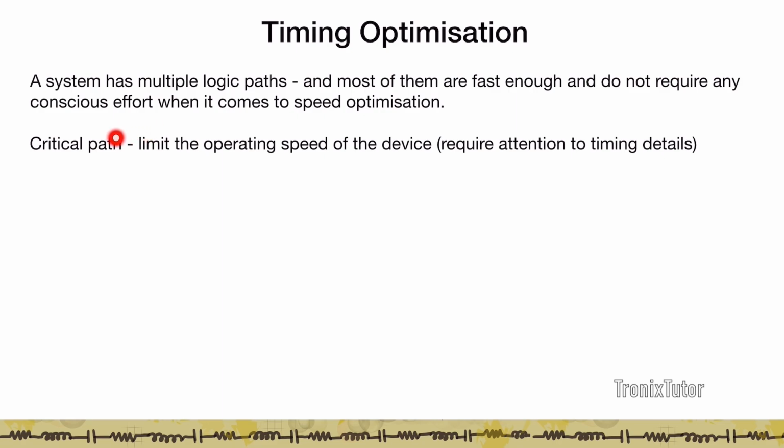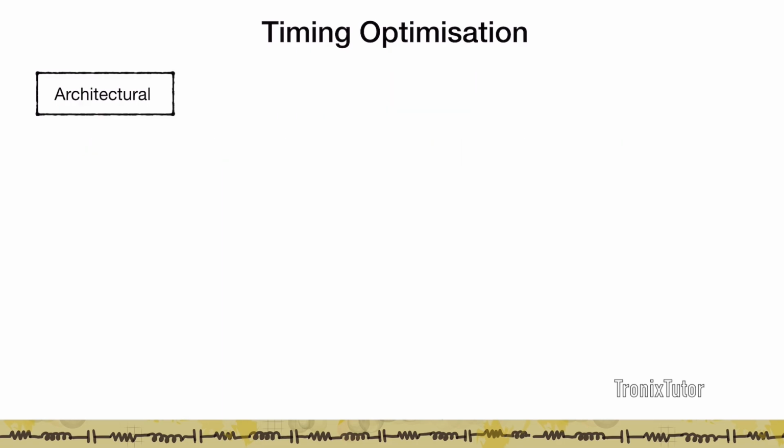These are the paths which have the longest delay in the circuit, and these paths limit the operating speed of the device. By optimizing these critical paths, you are able to meet the timing requirement or improve on the timing performance. So again, when you think about timing optimization, there are different abstractions where timing optimization can occur.